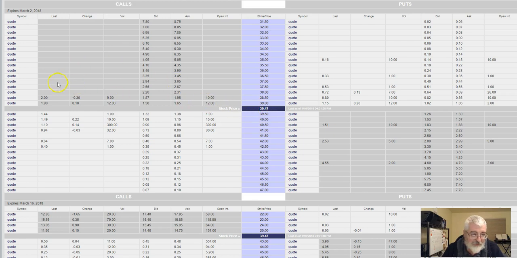Notice it's gray here. So here it would cost you $1.58 times 100, which is $158. Okay, that's good. You want to have a little bit of open interest. I prefer to have 100 open interest instead of just 12, but that's all right.